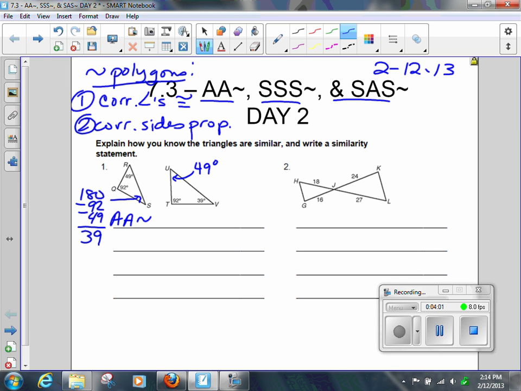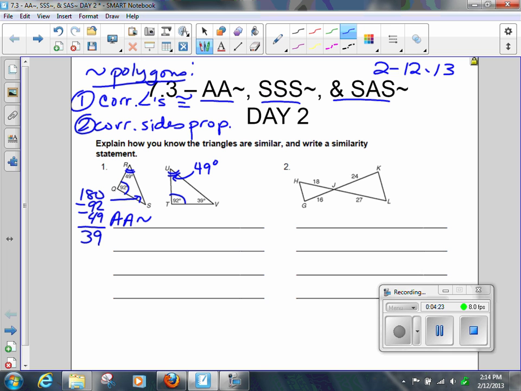So do I have 2 congruent angles? Yes. I have a 92 degree angle congruent with a 92 degree angle. Angle Q is congruent to angle T. I also know that angle R is congruent to angle U. Now, could I have marked S and V?